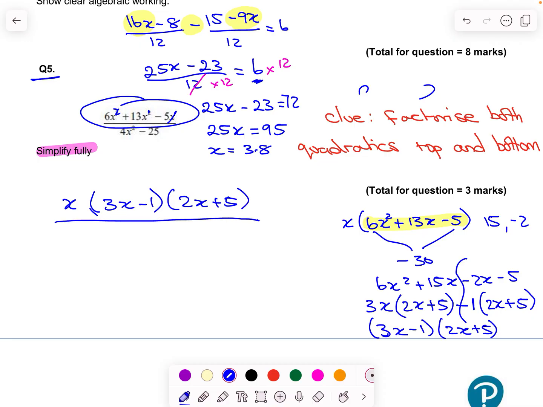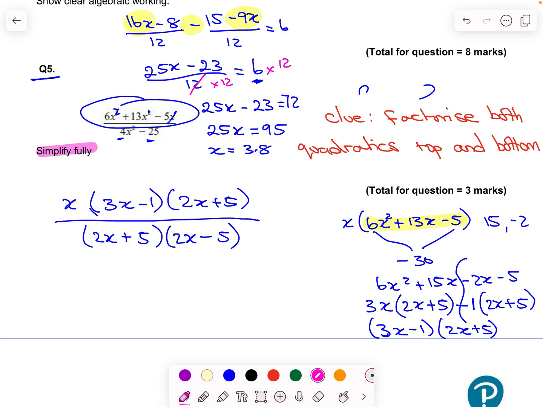Now the bottom, you should recognize as the difference of two squares. If you don't, again, go back and revise it. So they're both square numbers, 4 and 25. So I can split them up. 2x here, 2x here. One is plus 5, the other is minus 5. Okay? Then it's nice and easy.